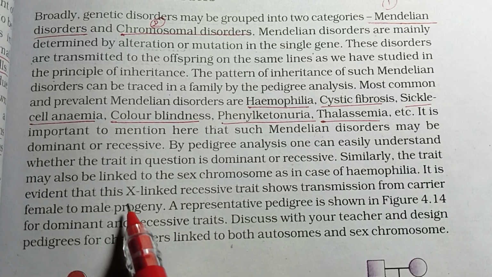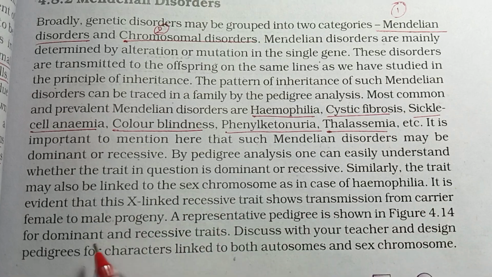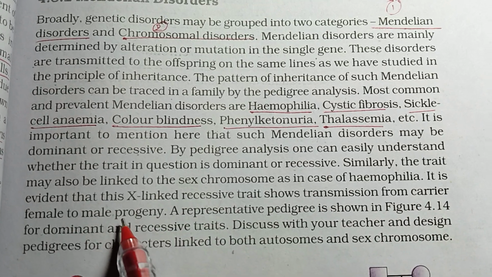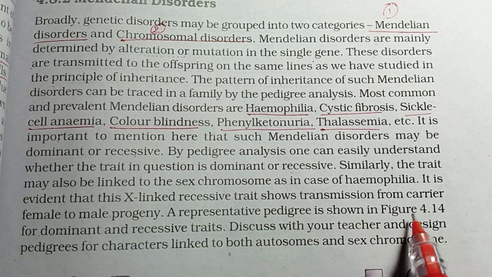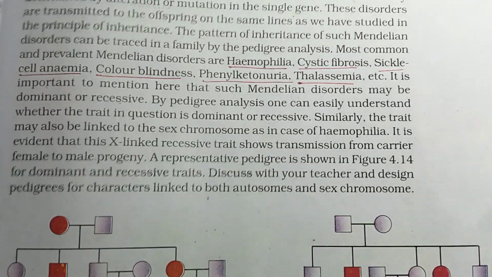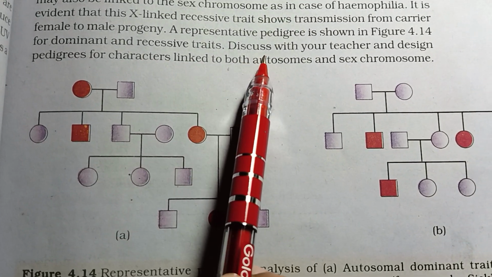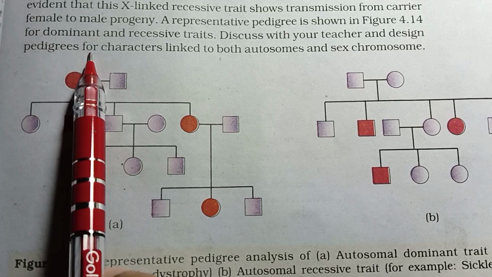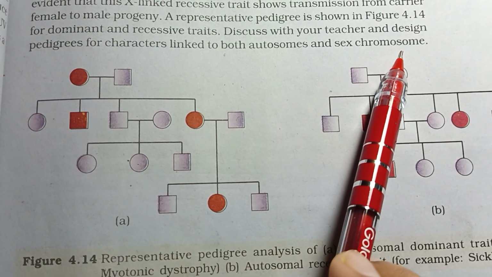It is evident that this X-linked recessive trait shows transmission from carrier female to male progeny. A representative pedigree is shown in figure 4.14 for dominant and recessive traits. Discuss with your teacher and design pedigrees for characters linked to both autosomes and sex chromosomes.